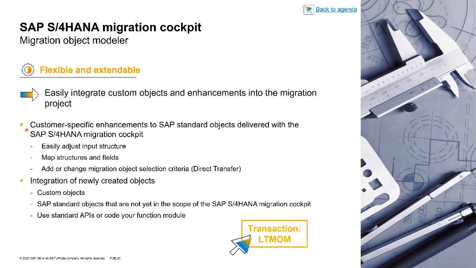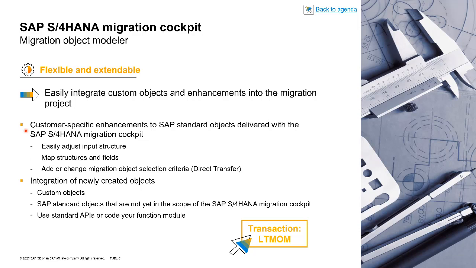As already mentioned, you have the migration object modeler in place. This is currently available for the on-premise world. Here you have the possibility to enhance the standard content. For example, I need a special field. There's one field missing where I have information stored which is relevant for my reporting or whatever. Then you can, using the modeler, adjust the structures.